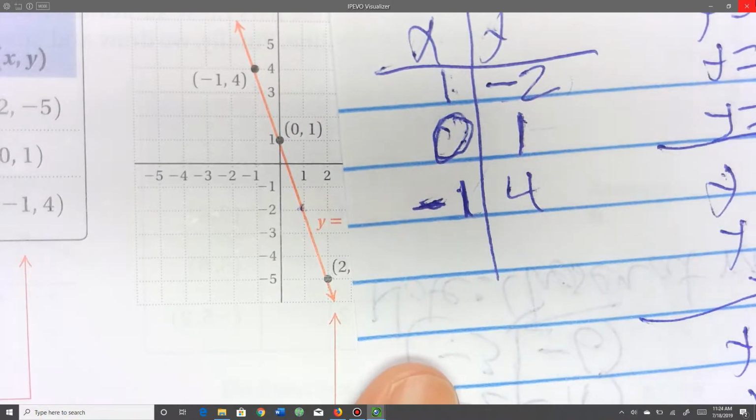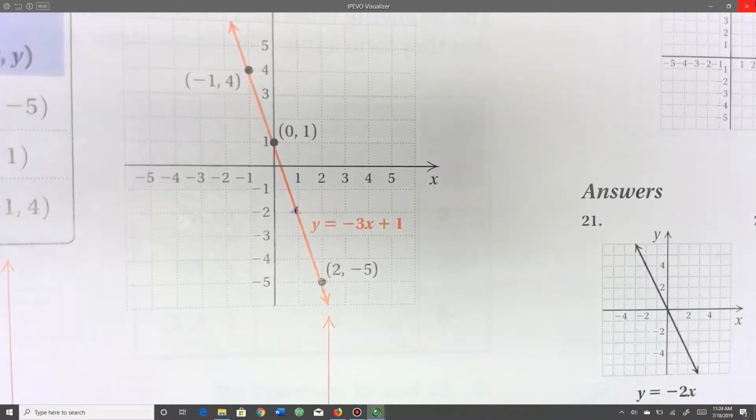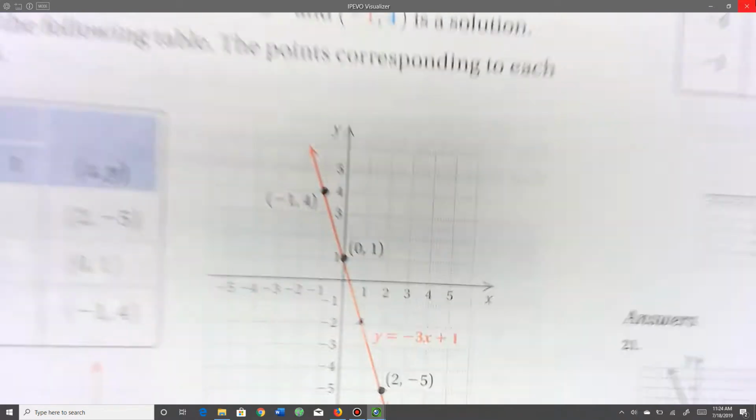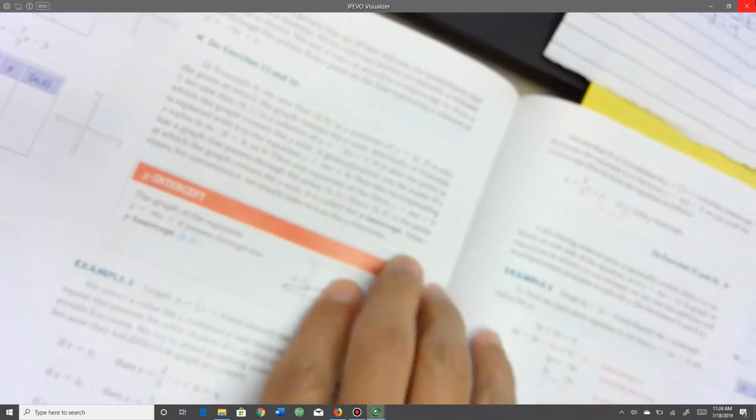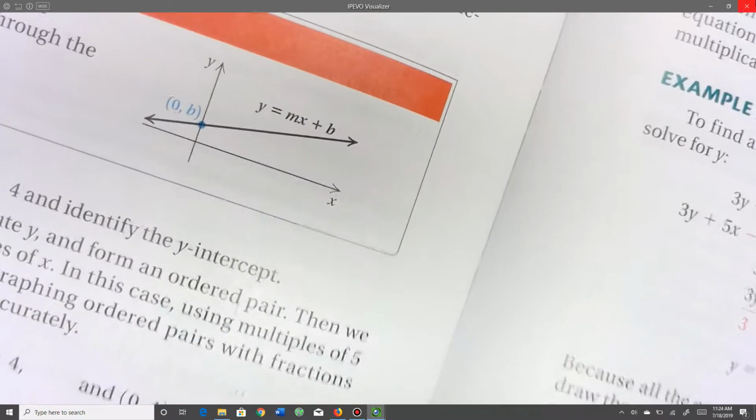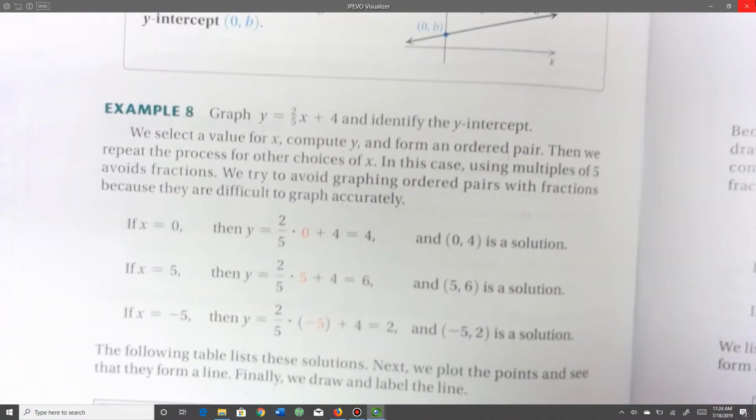Okay, and that's how you do that. Just with the equation they give you, that's how you graph your equation by choosing values at random.